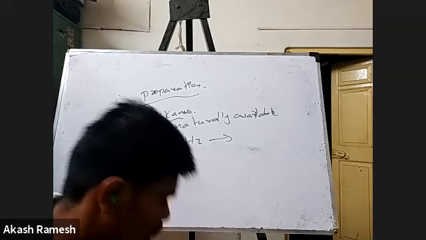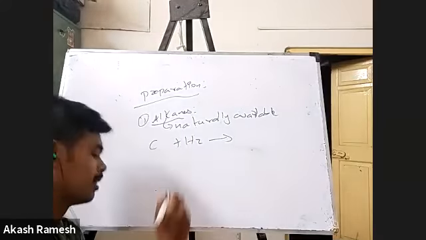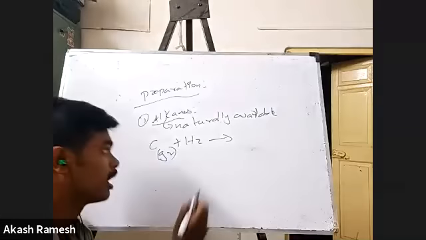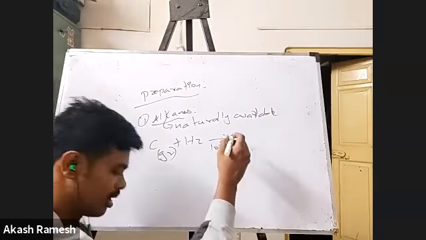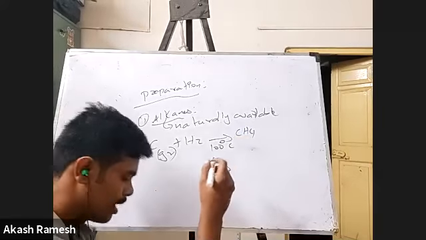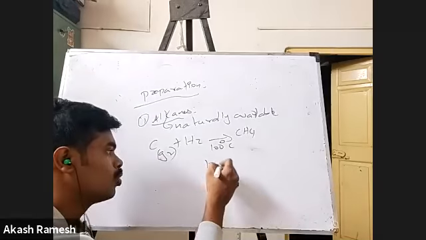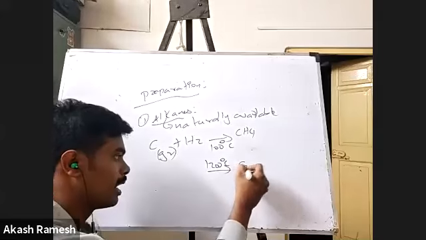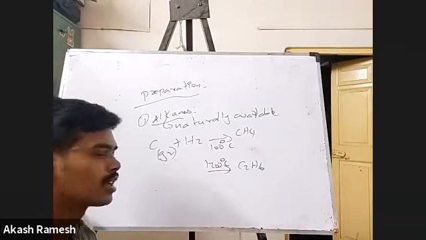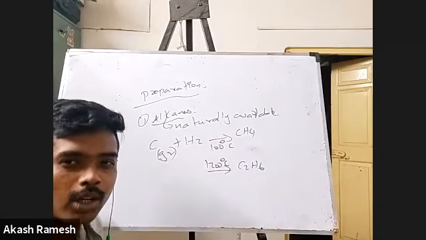Oh, okay, not CO, it is carbon. Carbon in the form of graphite. If you put hydrogen at 100 degrees Celsius, you will end up with CH4. Or say if you increase the temperature to 1200 degrees Celsius, you will end up with ethane, something like this. But what you have to remember is that carbon plus hydrogen gives me hydrocarbons.